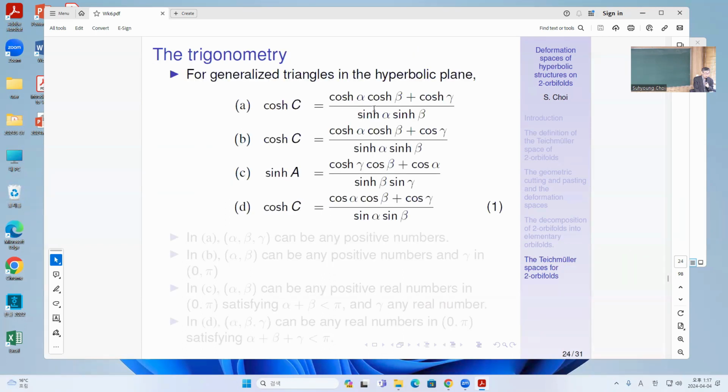So then we have this well-known generalized triangle law. For the hexagon, if you know alpha, beta, gamma, then the length of C is determined by this thing. And if you want to know B, then you have to permute these. So for B you have to use what's remaining, like gamma and alpha, and then so on.